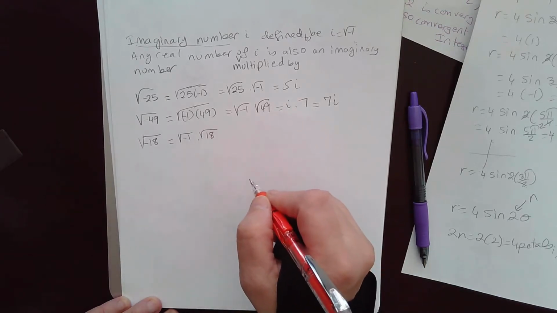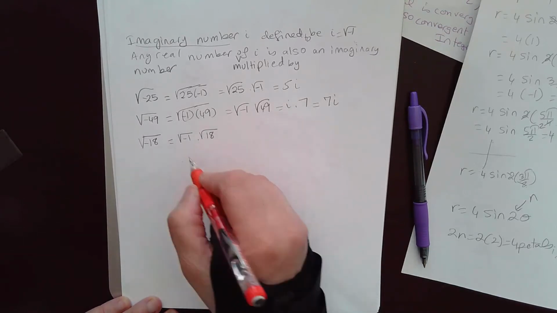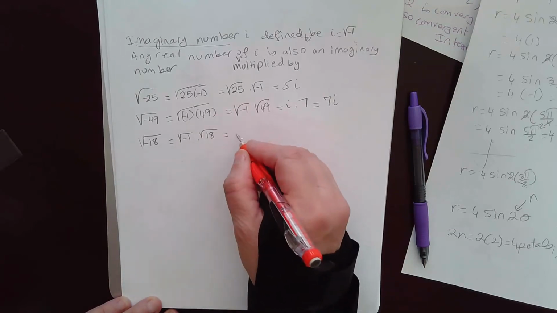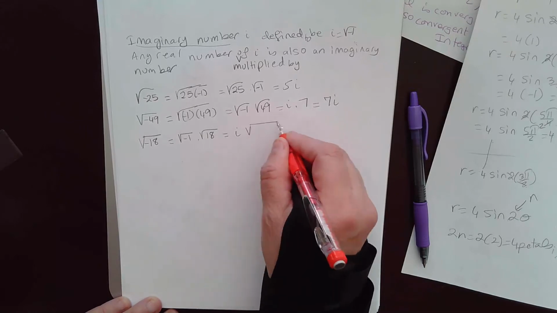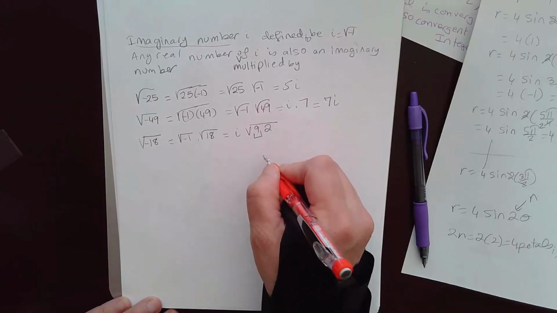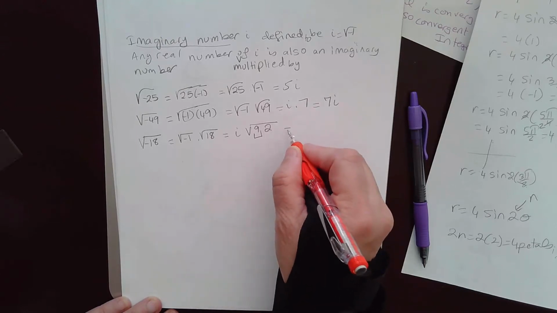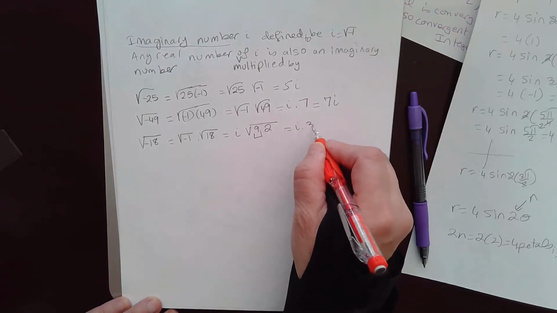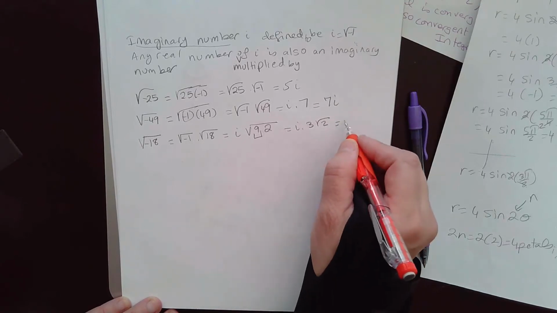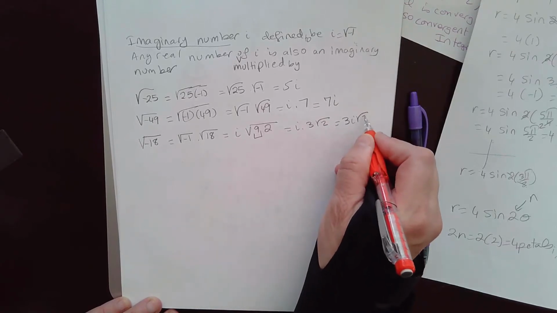So I separated them, but you can do this if you like as well. And that's the same as i times square root of 18, which is 9 times 2. 9 comes out as 3, doesn't it? So this comes out as i times 3 square root of 2. The way we write it, i times 3 is the same as 3i square root of 2.